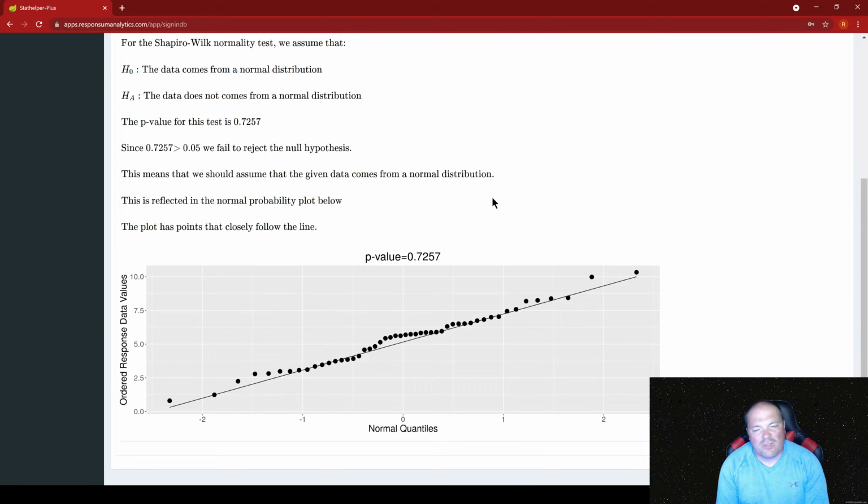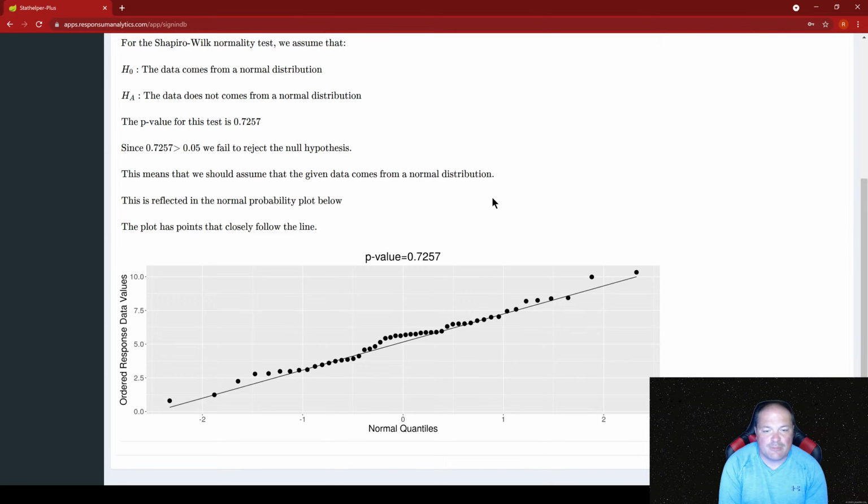Now, one more thing about this p-value versus the graph. When you're first looking at these types of graphs, a lot of times you can look and say, well, it doesn't really look like everything hugs the line. You have to be very careful of looking for things that aren't there. This is why it's nice to have the test with it.